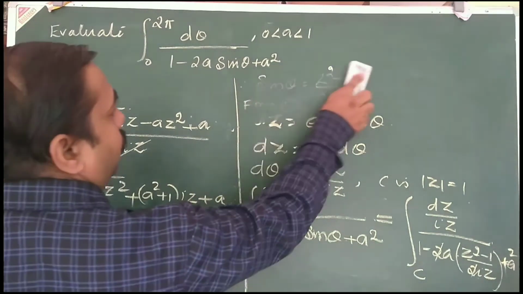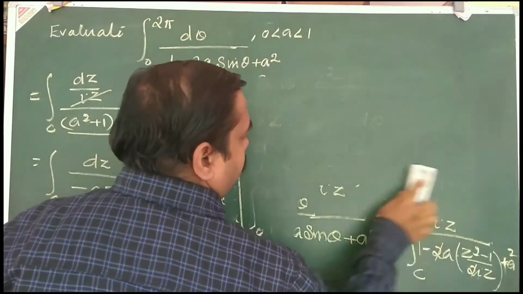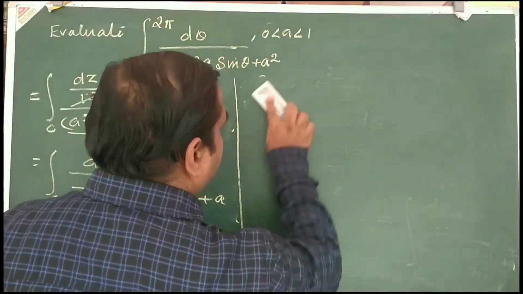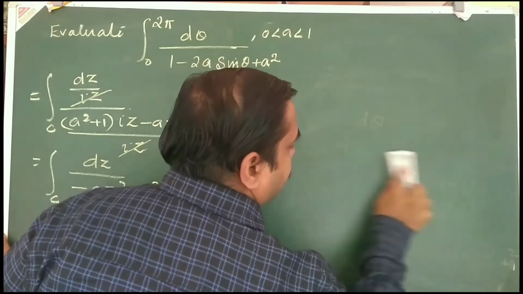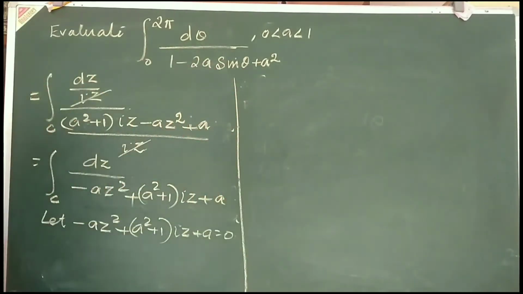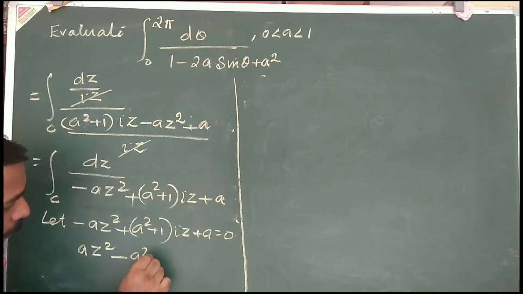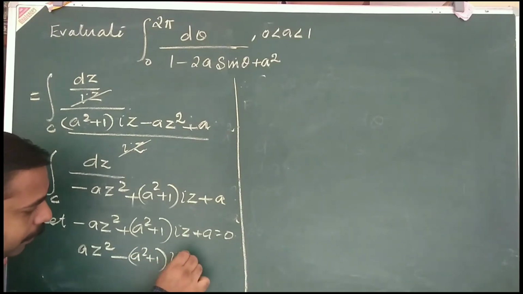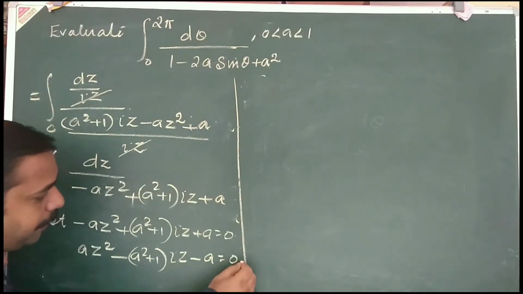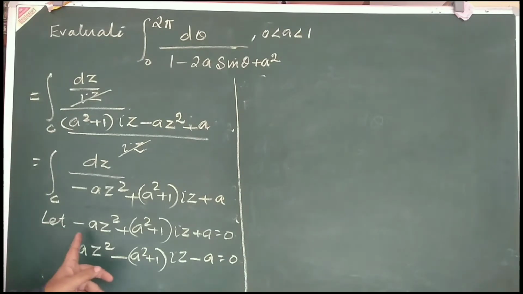So this is equal to, multiply by minus, that is a z square minus a square plus 1 into iz minus a equal to 0. We multiply by minus 1. Now we can apply the formula.